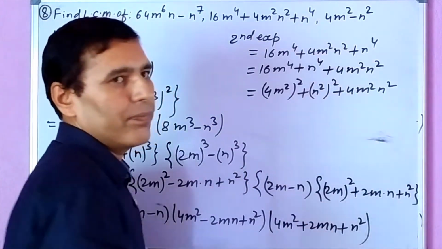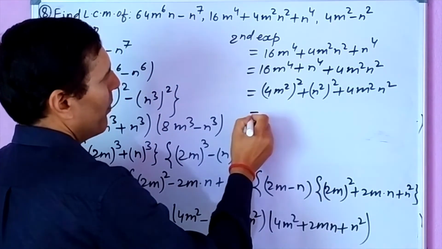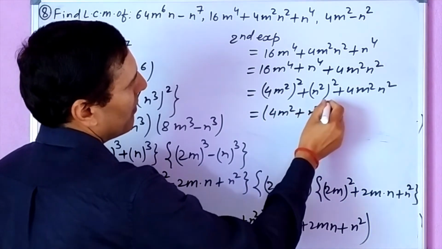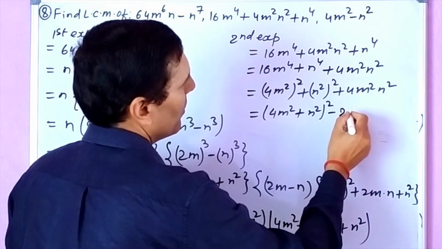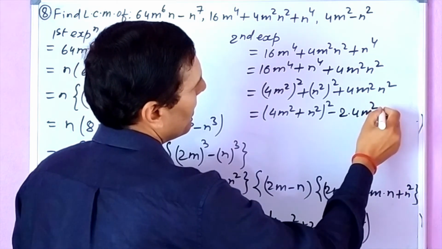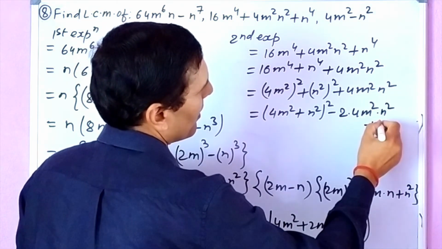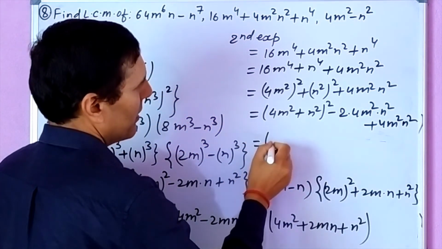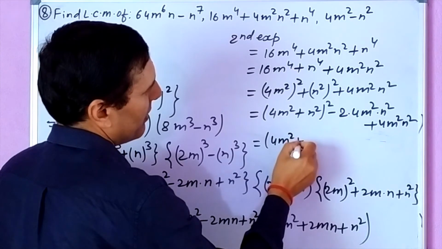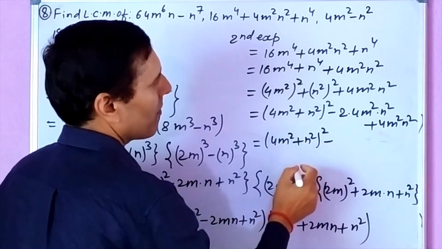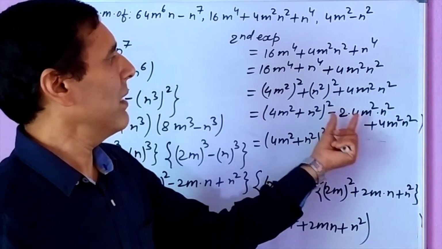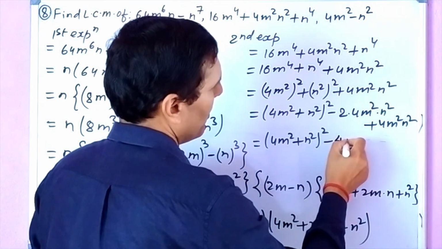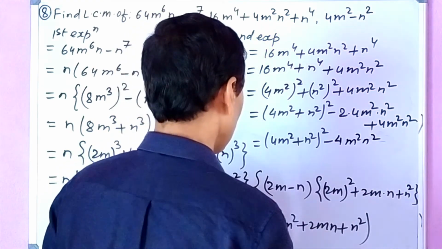So what do we get here? a plus b whole square. a is 4m square plus b is n square whole square minus 2ab. 2a is 4m square, b is n square, and this plus 4m square n square as it is. So it is 4m square plus n square whole square, minus 8m square n square plus 4m square n square. We get minus 4m square n square here.